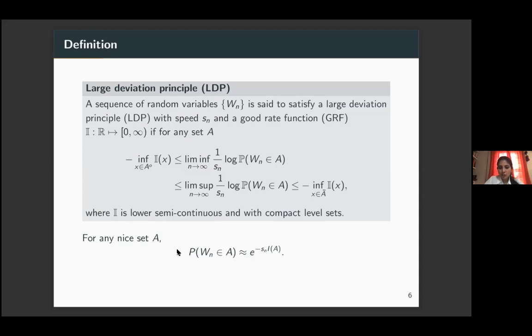So this is a good thing to keep in mind, knowing that this twiddle, which is an approximation, should be thought of in the sense of these log equivalents.